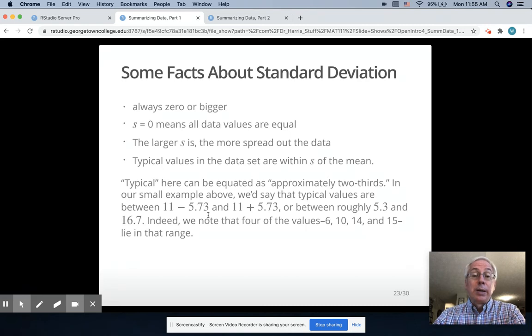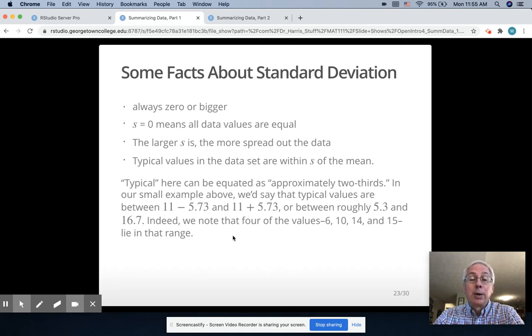So let's take a look at the example that we just worked. 11 was my mean, 5.73 was my approximate standard deviation. So if I subtract the standard deviation from 11 and add the standard deviation to 11, I get approximately 5.3 and 16.7. So I would say the typical values are going to be between 5.3 and 16.7.